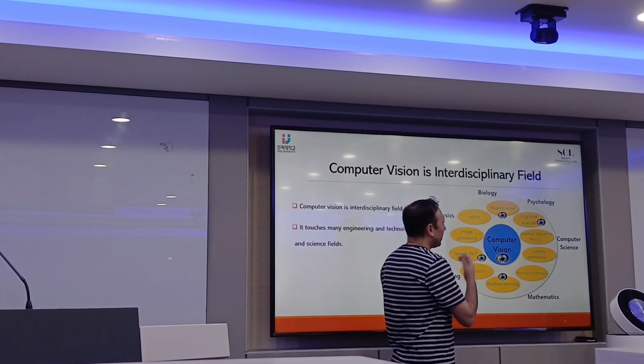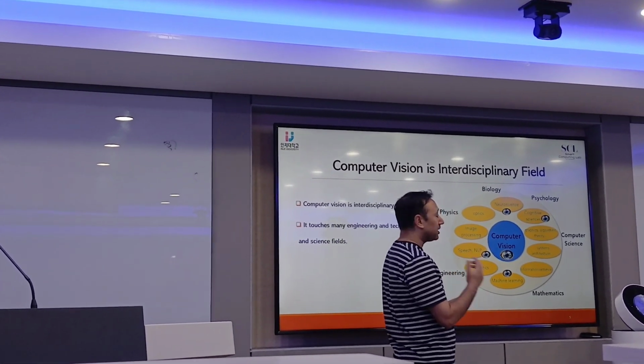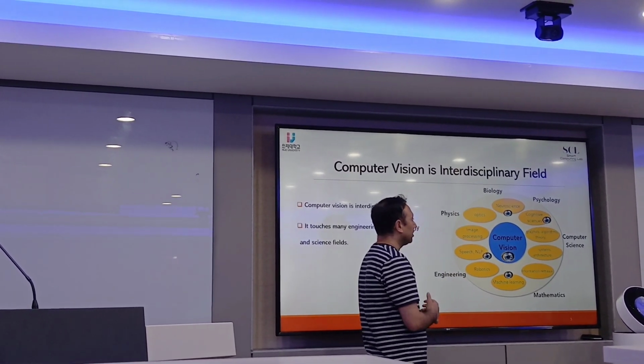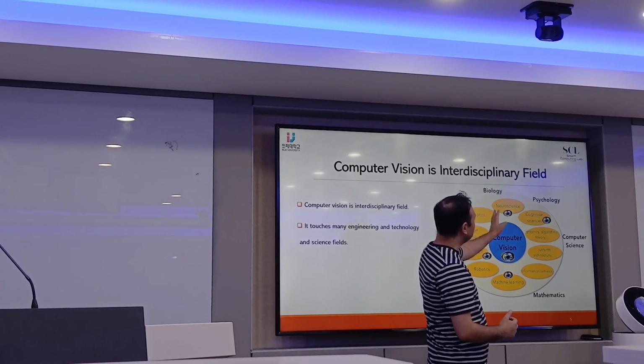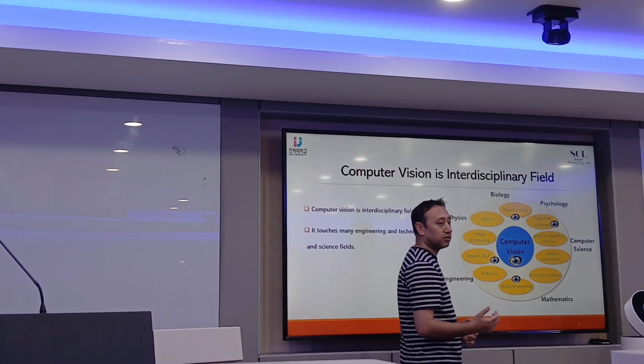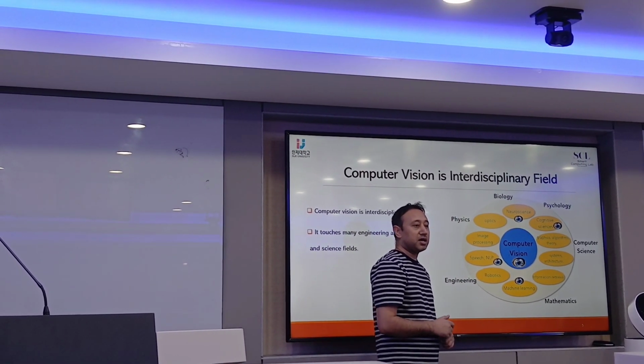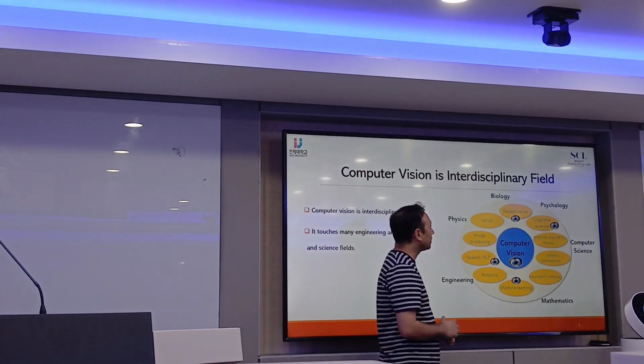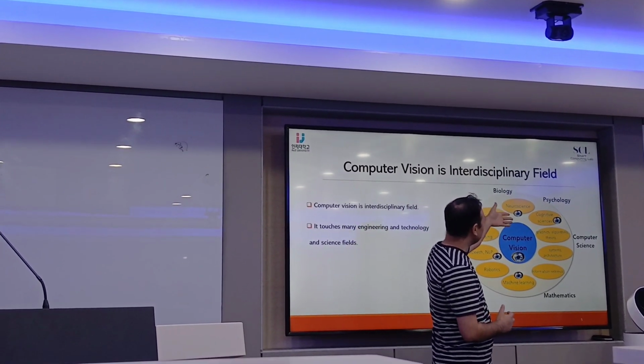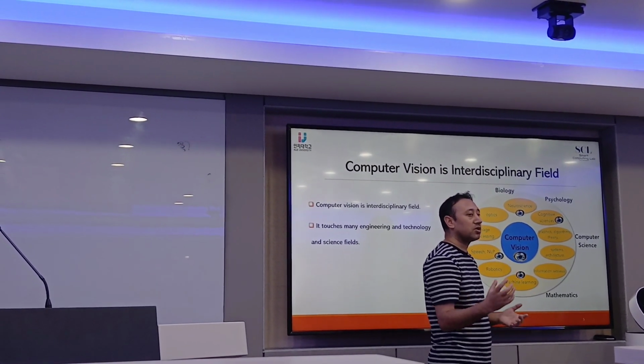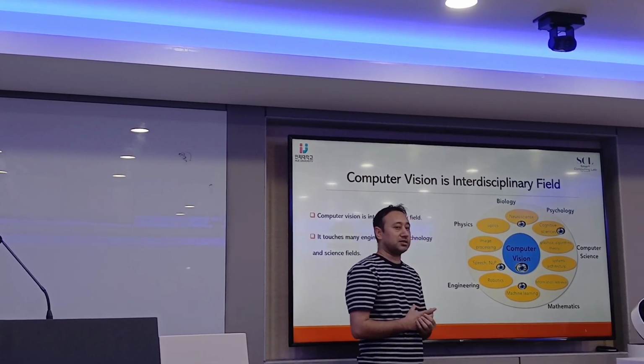If we are applying some cognitive principle on this image, we need biology. As I said before, AI is inspired by the human brain. From the human brain, we can see that there are different neurons in the artificial intelligence architecture.